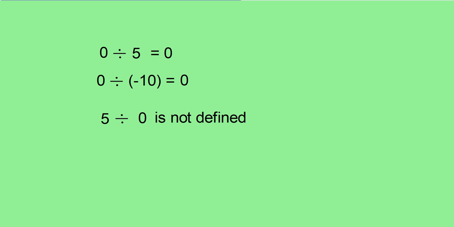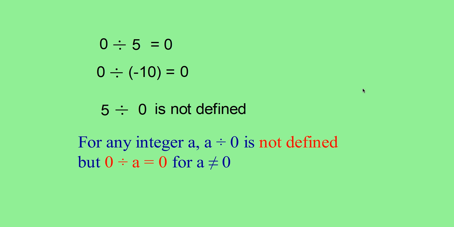Not only 5, if any integer is divided by 0 we cannot find out. So we can say it is not defined. So we can write for any integer a, a divided by 0 is not defined, but 0 divided by a is equal to 0 for a not equal to 0.